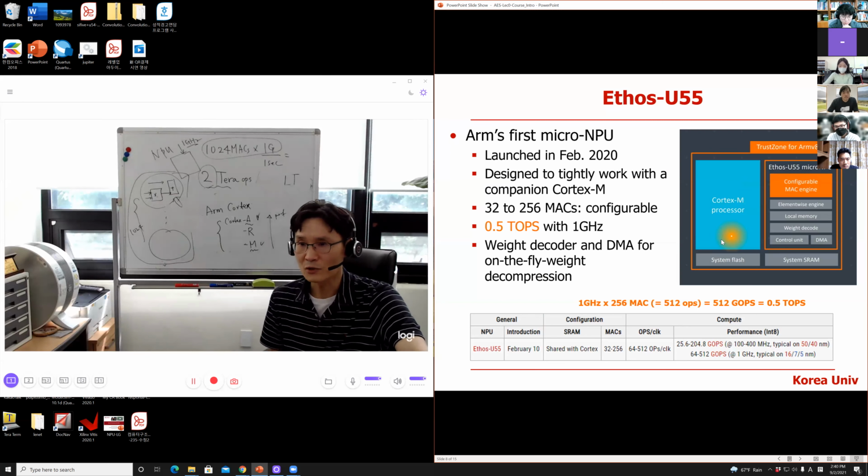In that case, you use Cortex-M, a very small, lightweight processor, and depending on the application, you can integrate the NPU. And those are the performance numbers: 0.5 TOPS with 1 gigahertz.